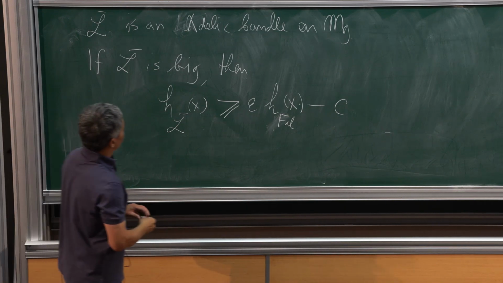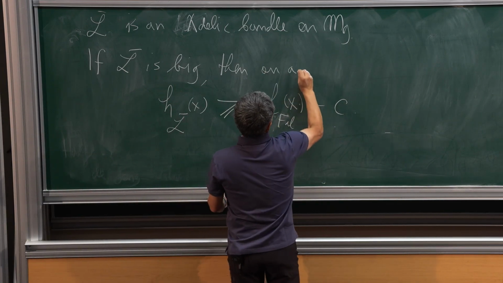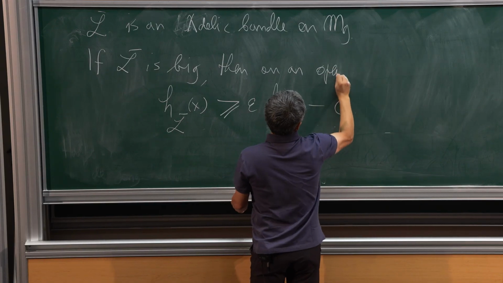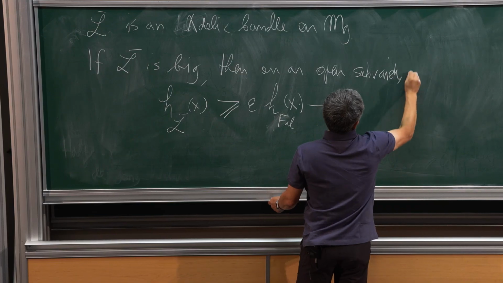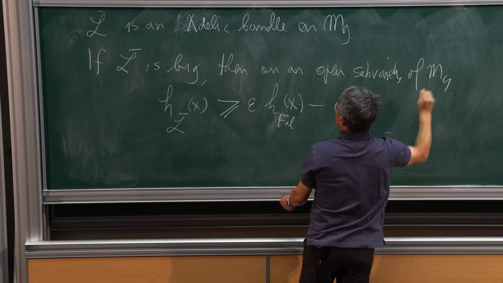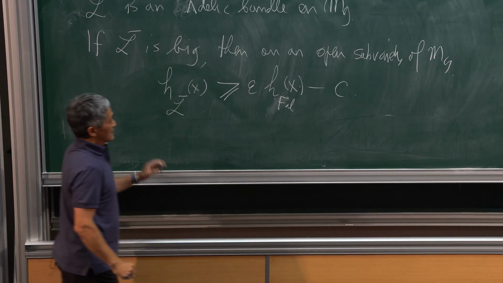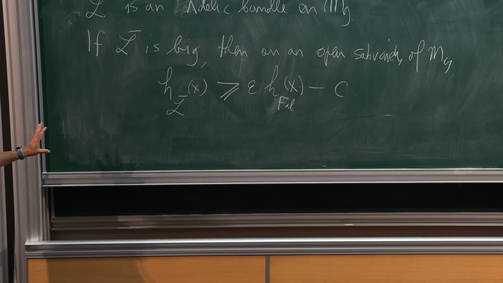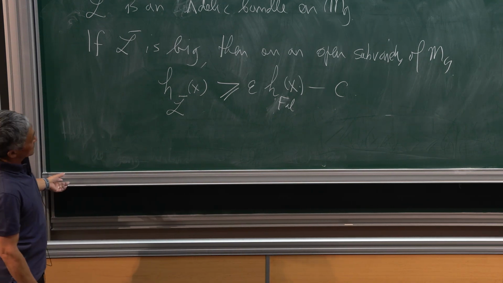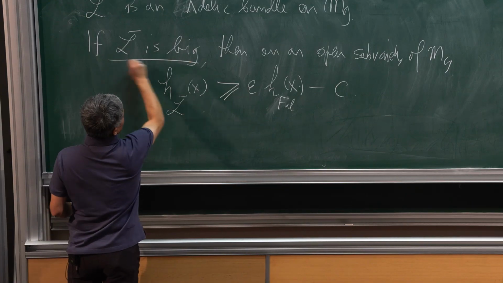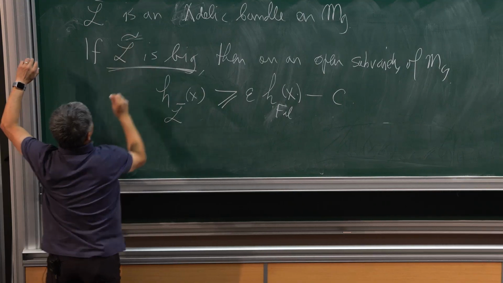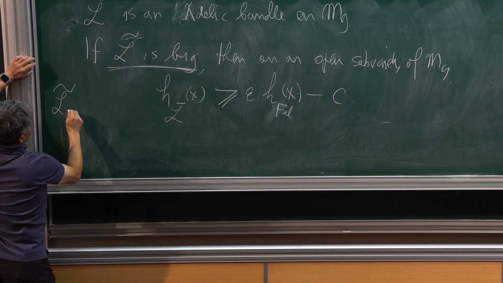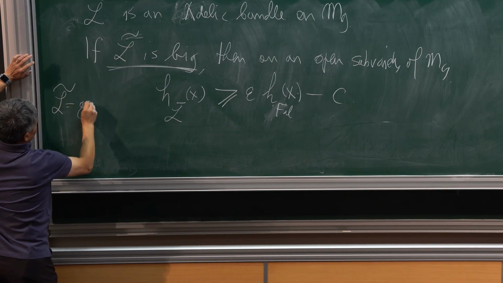This happens on an open subvariety of Mg, which of course implies a Northcott property, right? So this is the first ingredient, but of course we have to show this L is big.